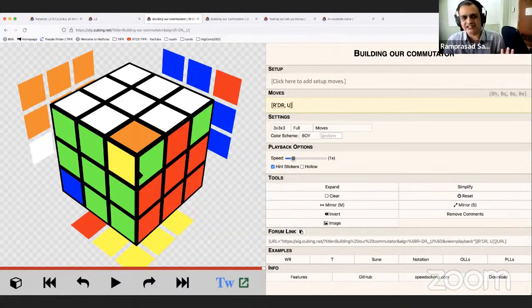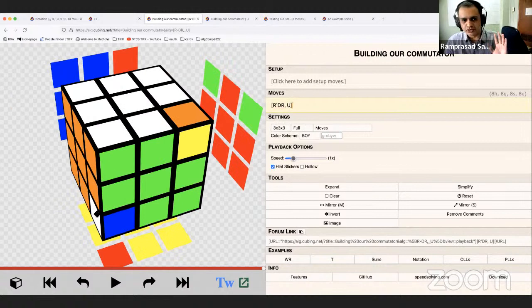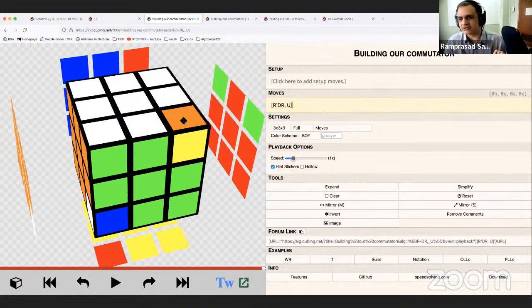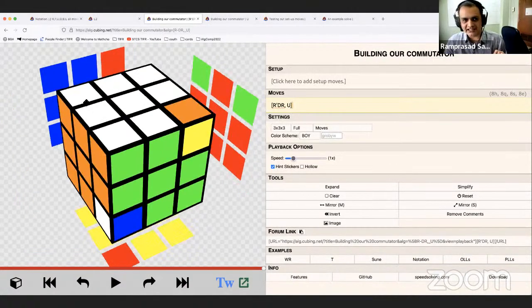So basically, just think of it this way. This sequence moved this orange sticker to this place. What I instead wanted to do is move this white sticker to this place.